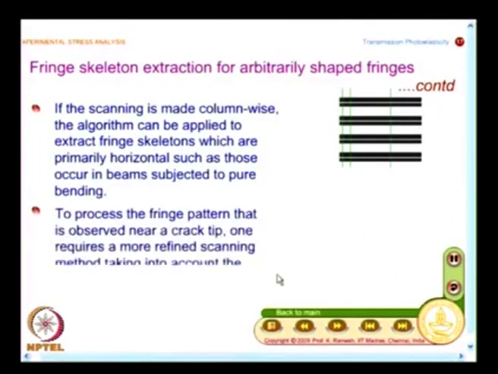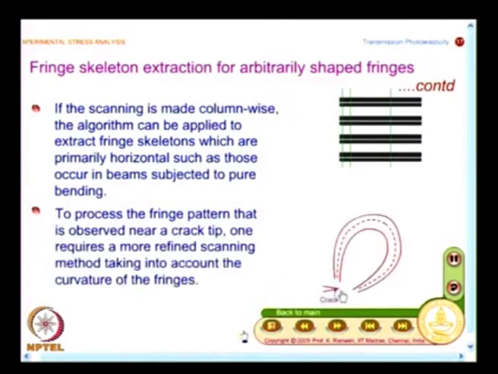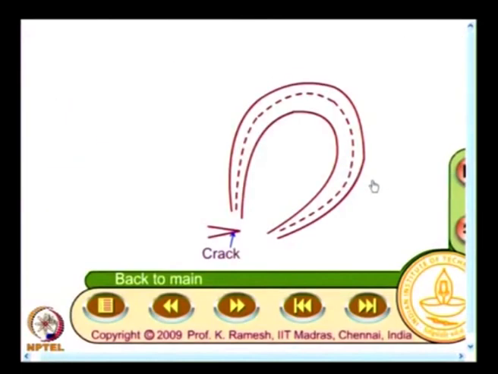So, what you have here is the typical shape in a crack, and I enlarge the picture. If I have to identify the minimum intensity point, I need to find out the edge normals, only then I can do that.